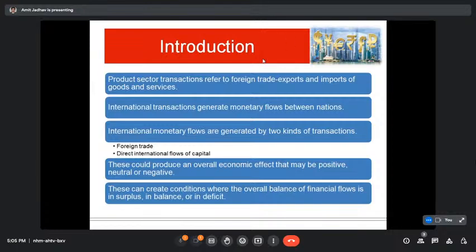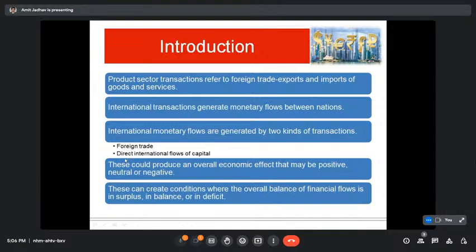So international transactions generate monetary flow between two nations through import and export. Similarly, there are international monetary flows generated by two kinds of transactions. The first is foreign trade, which includes the import and export of commodities, and not only commodities but services also, which we have to take into account.